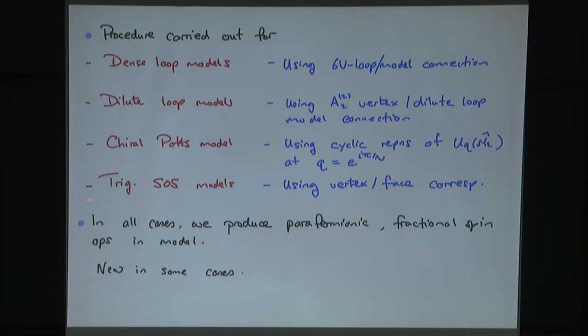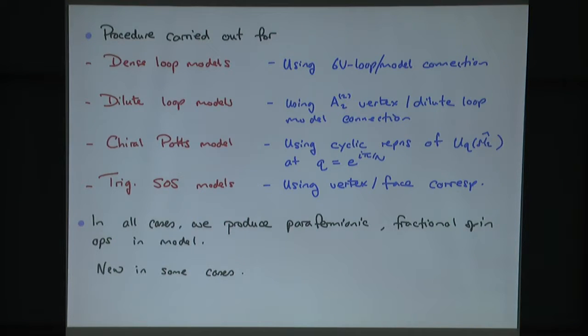So what I want to talk about more in this talk is the trigonometric SOS model. And in this case, we start off from the 6 vertex model, and we map it across to SOS models using the vertex-face correspondence. So I want to show you what happens to these currents under the vertex-face correspondence. So in all cases, when you do this, you end up with parafermionic fractional spin operators in the model.